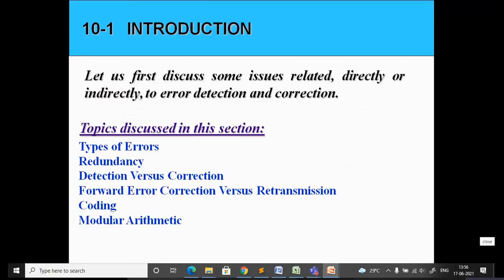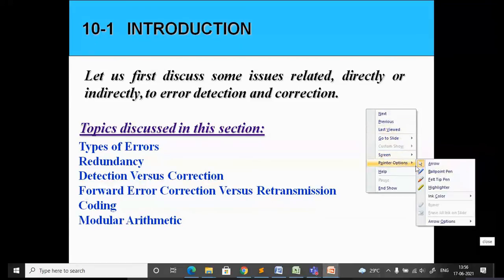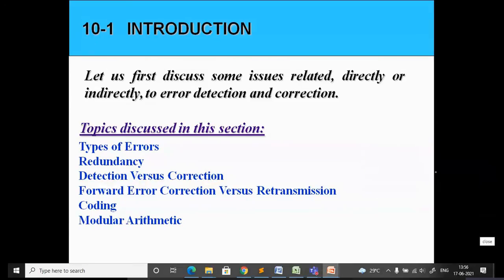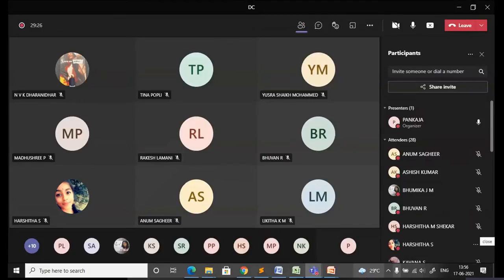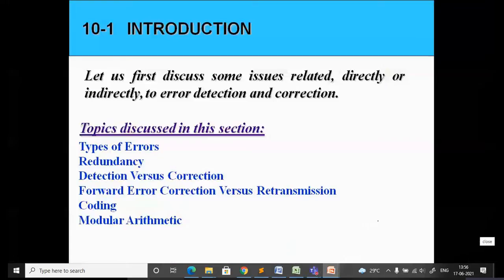Okay, so in today's class let's go in detail to understand about types of errors, and redundancy, what is the meaning of redundancy, and we'll go through the difference between error detection and correction, then forward error correction versus retransmission.